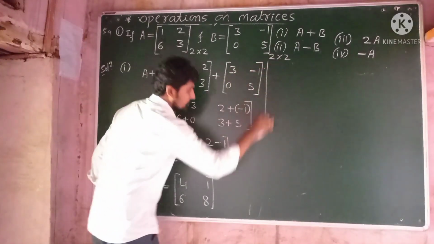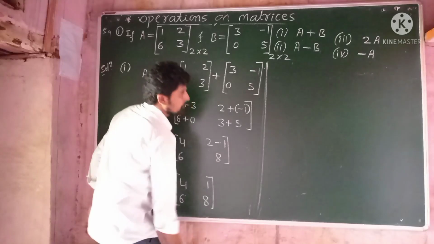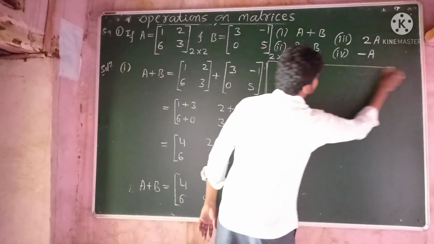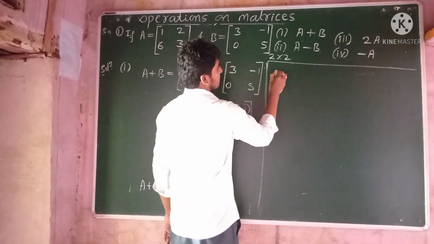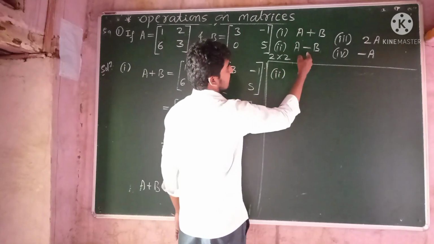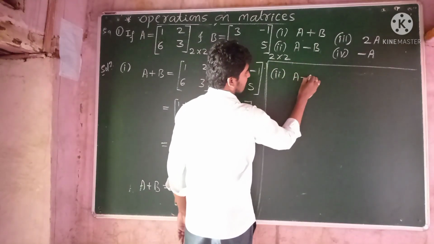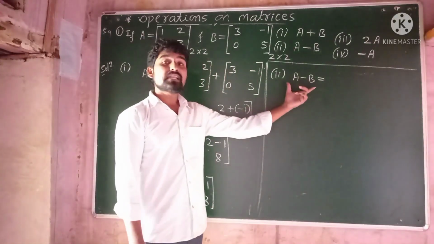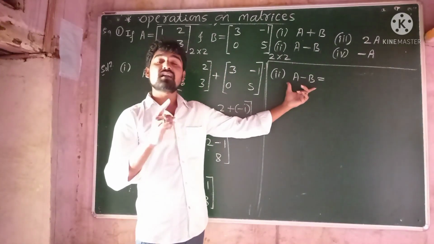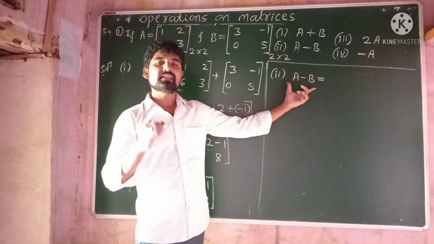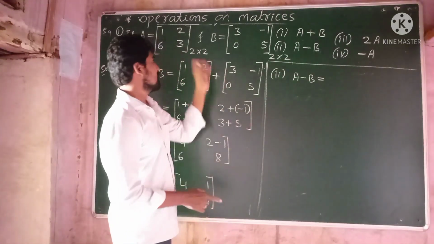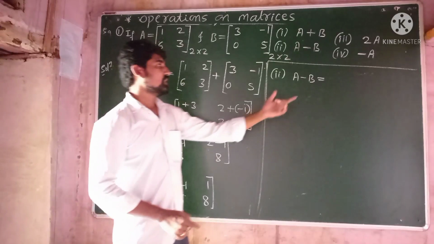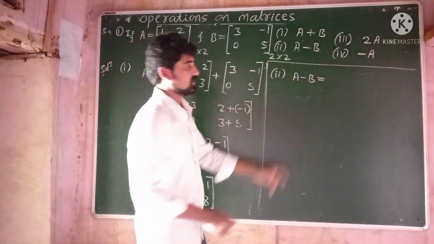Now the second one. So we need to find the matrix A minus B. Again same thing, when we are finding difference of two matrices, orders of both the matrices must be same. Here orders of both A and B are same. Therefore, A minus B matrix is possible here.